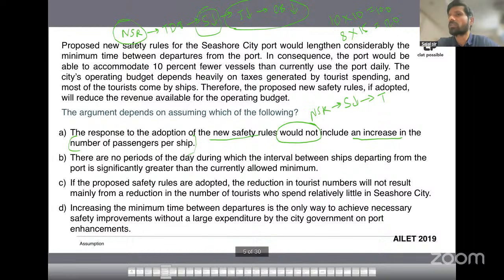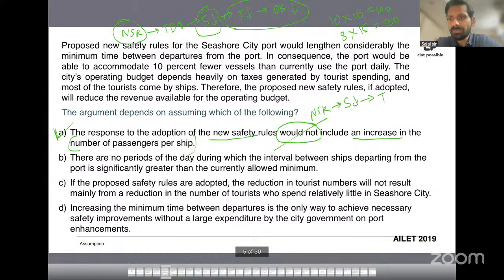It protects the argument from an attack, because if I remove this, if I deny this, and if I say that it will include an increase in the number of passengers per ship, the argument gets attacked. Such will not be the case, will protect the argument, right? So this is required. What is given to us in option A is required for the argument to hold good. So option A is the correct option here.